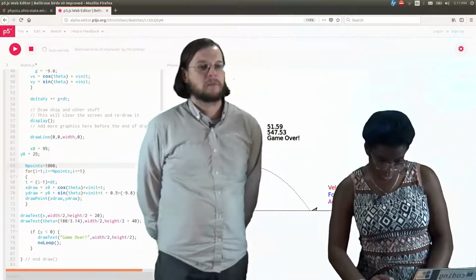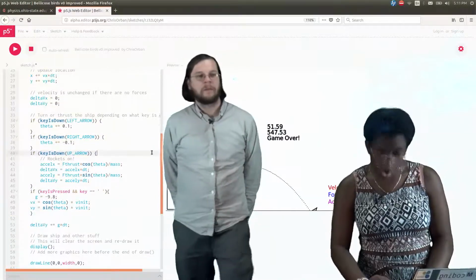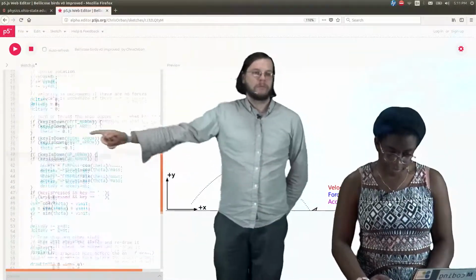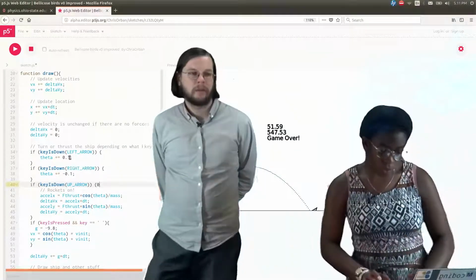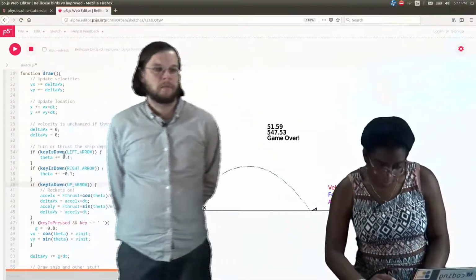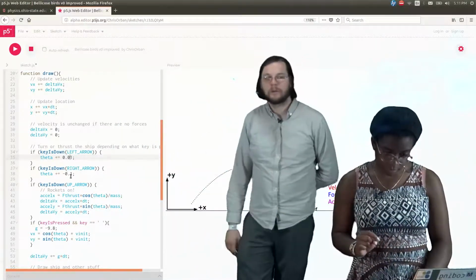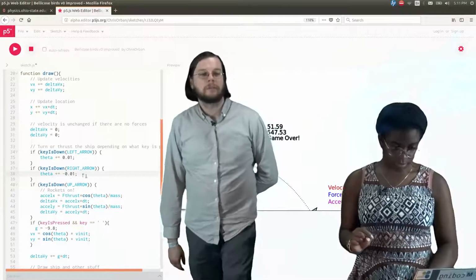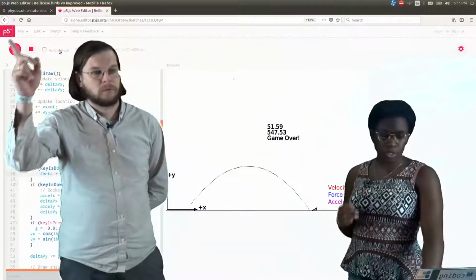Instead of having theta changed by 0.1, let's change that to 0.01. That'll make it easier to get right on 45 degrees. And by the way, this is only changing it by 0.01 radians, not degrees. Okay, let's try it again.